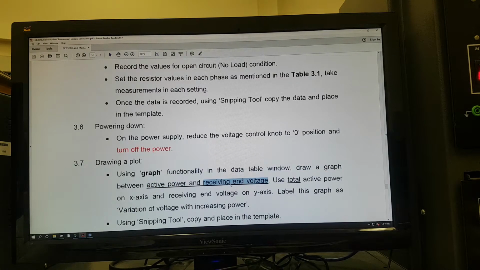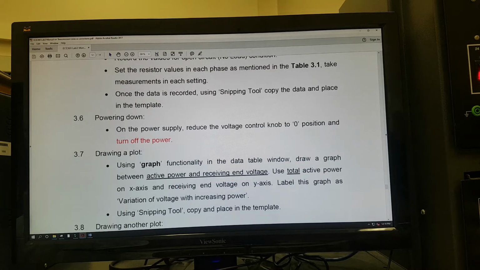Use total active power on the x-axis and receiving end voltage on the y-axis.